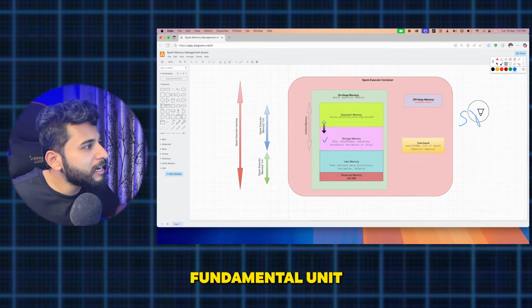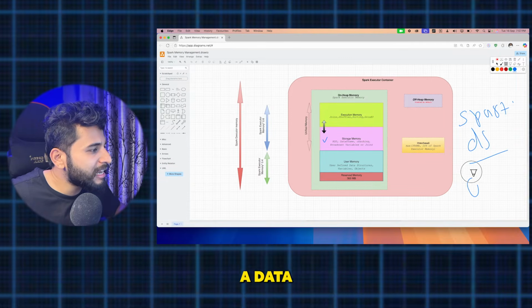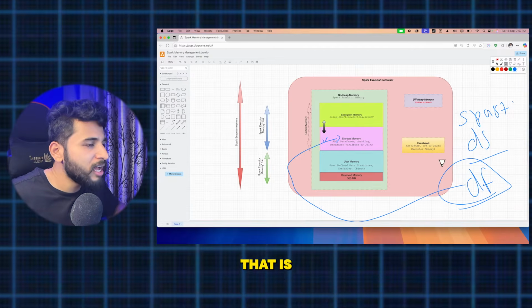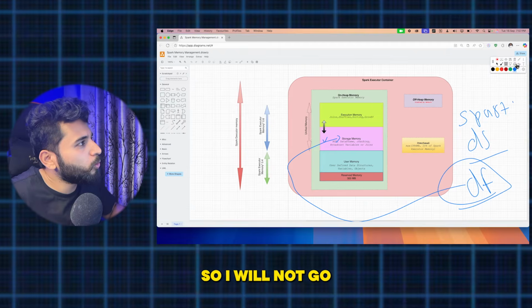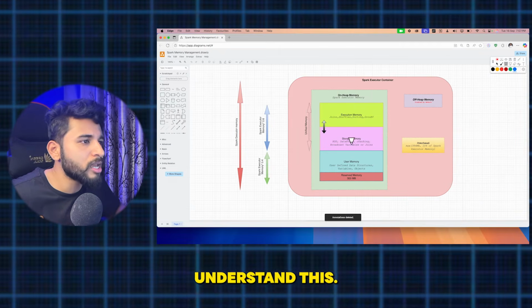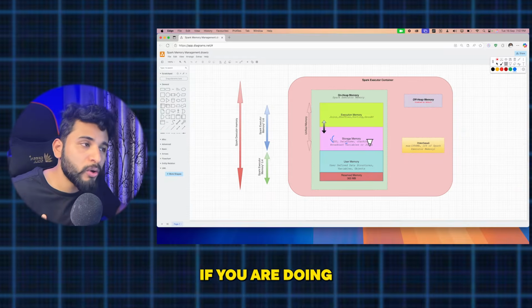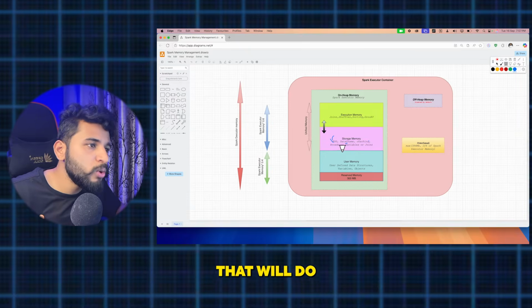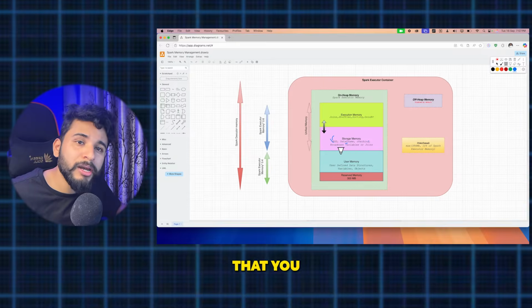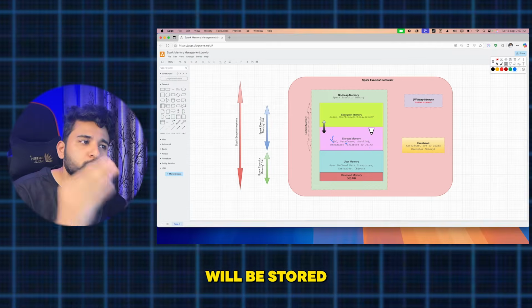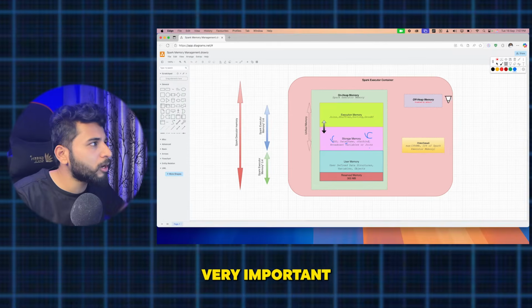The fundamental data structure of storing a data frame in Spark is RDD, resilient data set. It is a data structure that is immutable also, so we'll not go that further. So we store RDDs, we store data frames, any caching you are doing of any data frame, any broadcast variables that you are sending, broadcast joins you are sharing. All those sorts of things will be stored in your storage memory. Very, very important to understand.